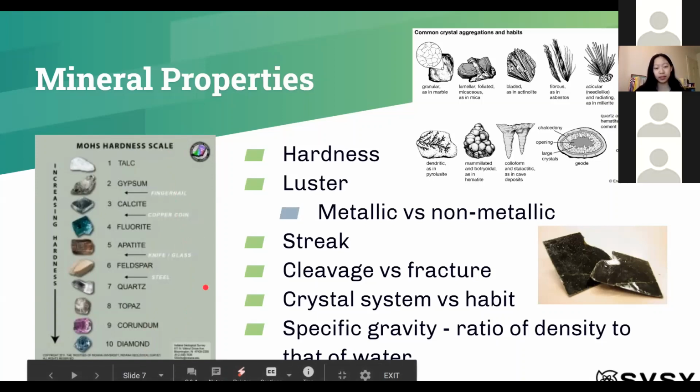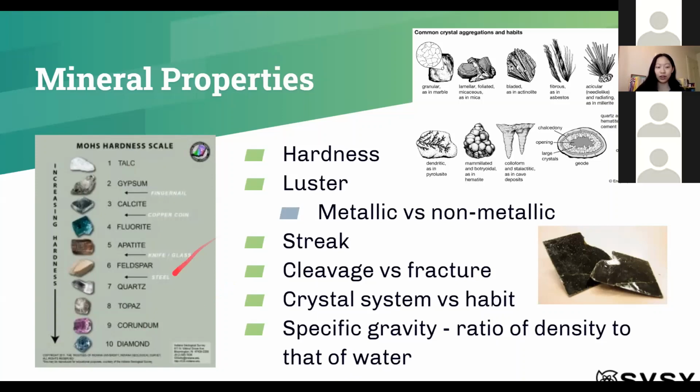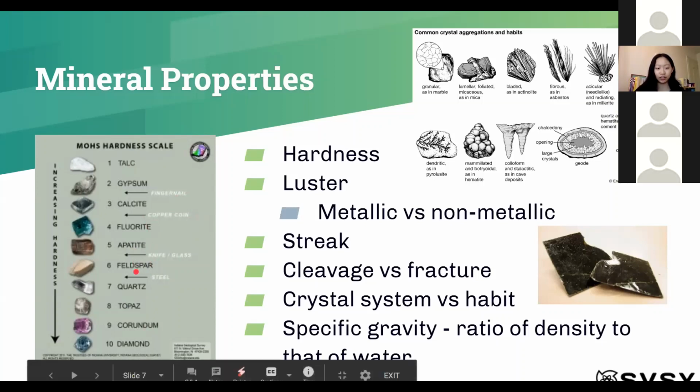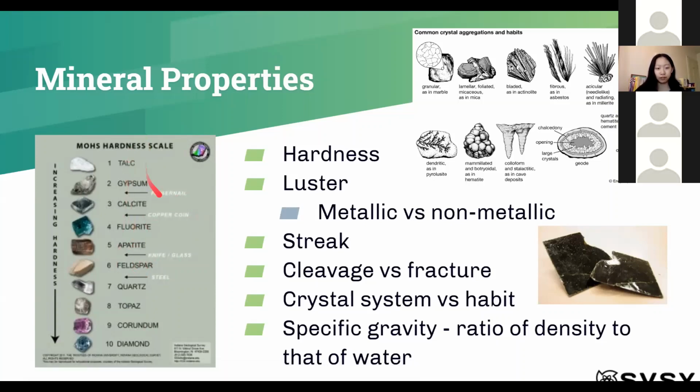What hardness means is that a harder mineral can scratch a softer mineral. Over here you can see there's fingernail, copper coin, knife, and steel, and all of these can scratch the minerals that are before it. For example, your fingernail can scratch both.